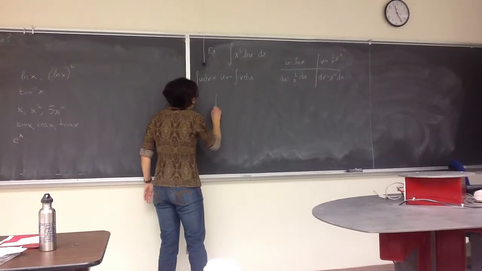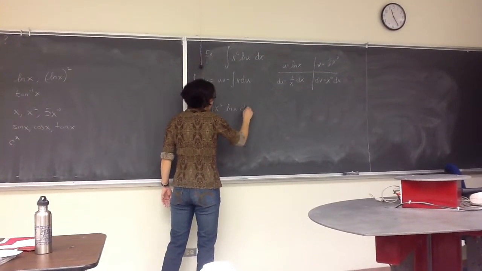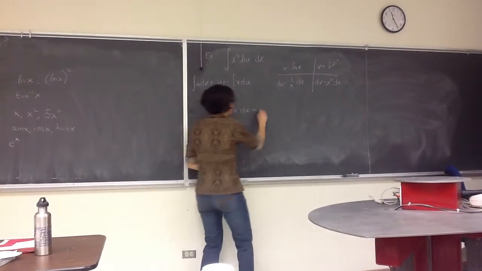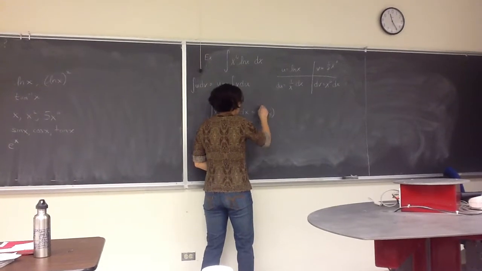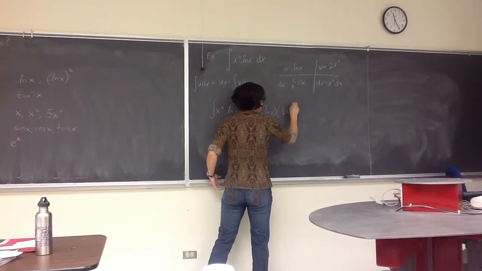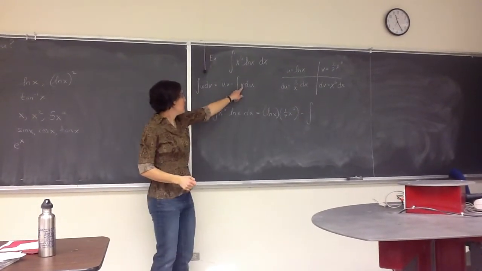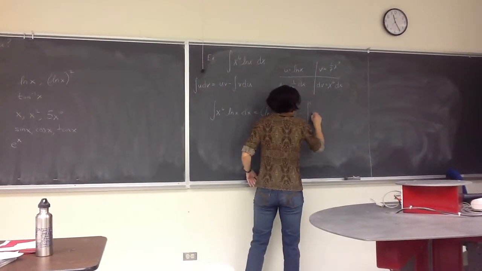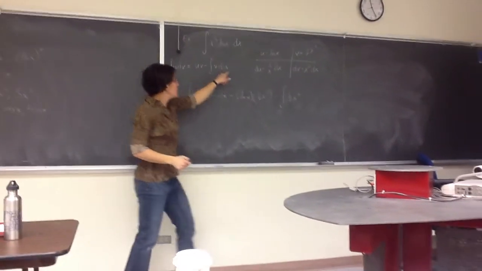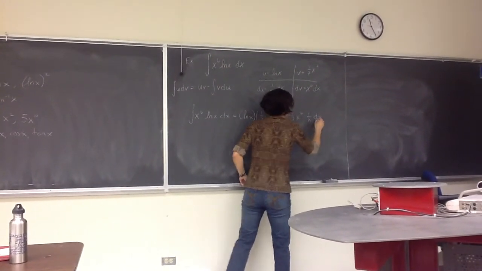And so now, my integral of x to the 6th times the natural log of x dx is equal to uv, so I've got natural log of x. That's my u. My v is 1/7 x to the 7th, minus the integral of v, 1/7 x to the 7th, du, which is 1 over x dx.